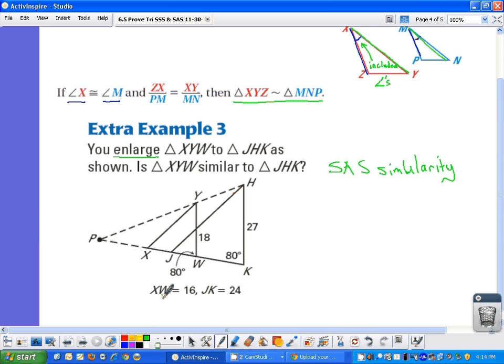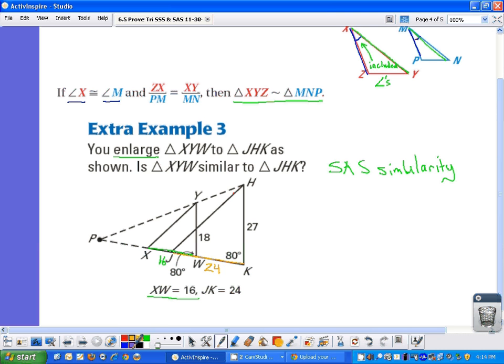They gave us XW is 16, so this side down here is 16. And side JK, which corresponds to side XW, is 24.